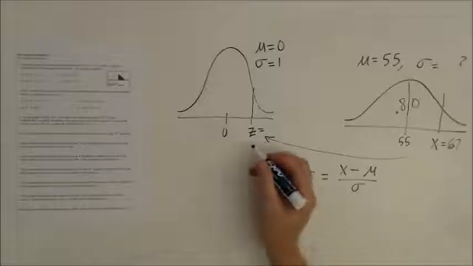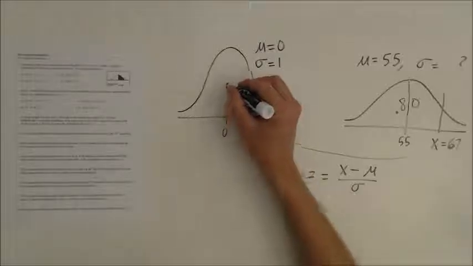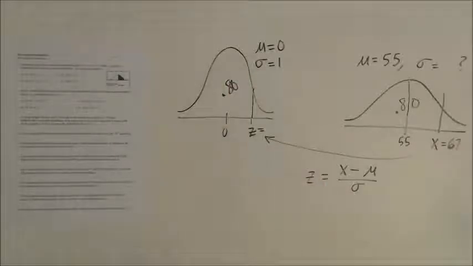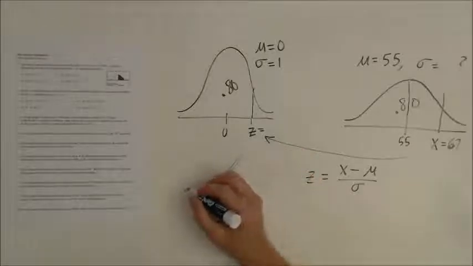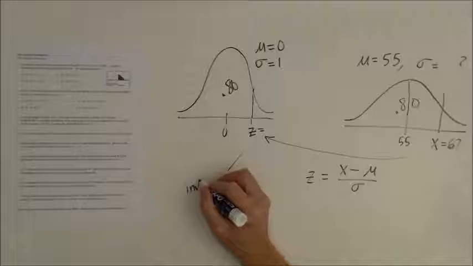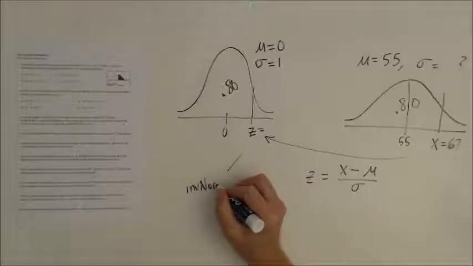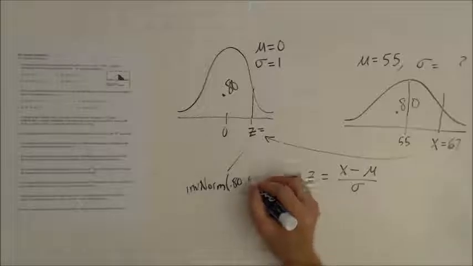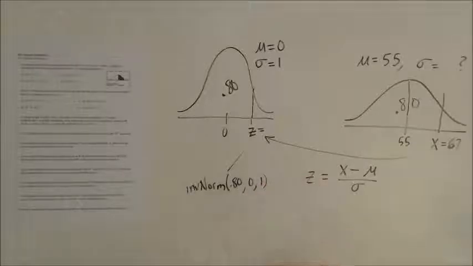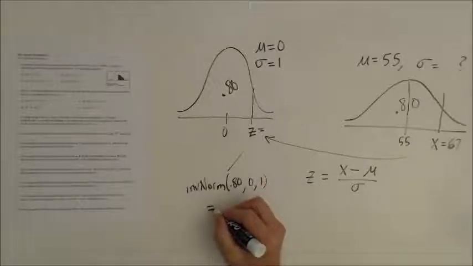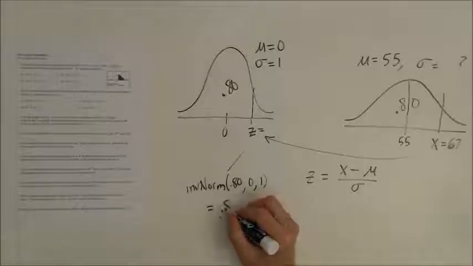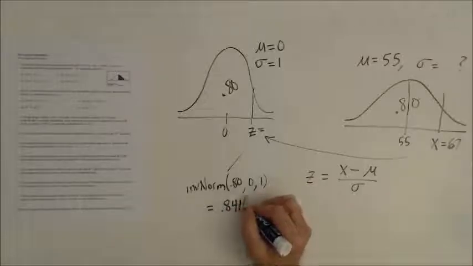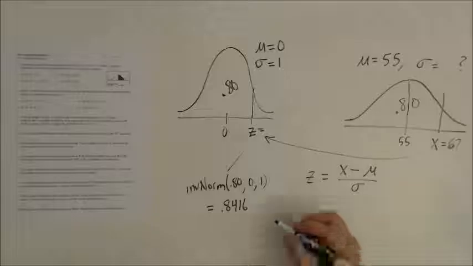There is a corresponding z-score that also corresponds to the 80th percentile of the standard normal distribution. We can compute that location using our inverse normal command. For an area to the left of 80% in a distribution with mean 0 and standard deviation of 1, we compute this value and find that the value of z is about 0.84.